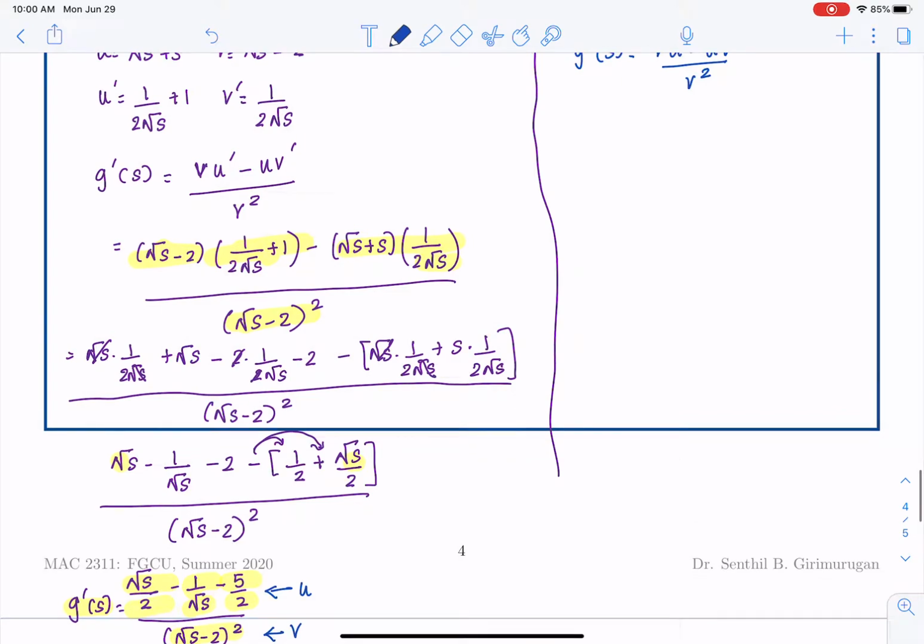U, in this case, is square root of s over 2 minus 1 over square root of s minus 5 over 2. V is square root of s minus 2 squared.